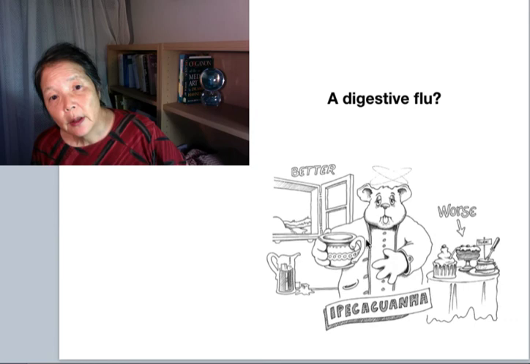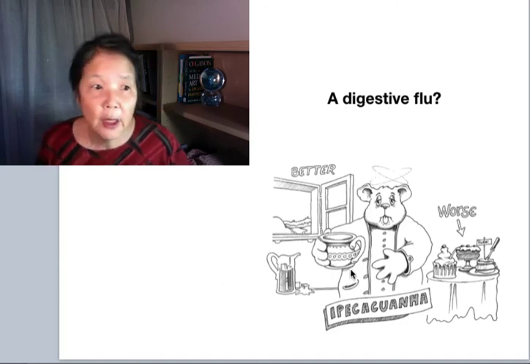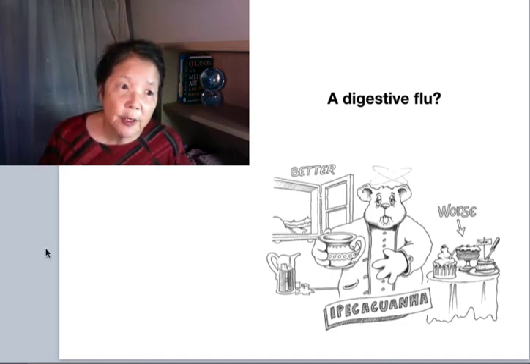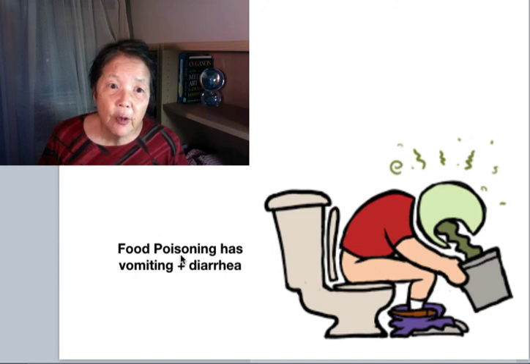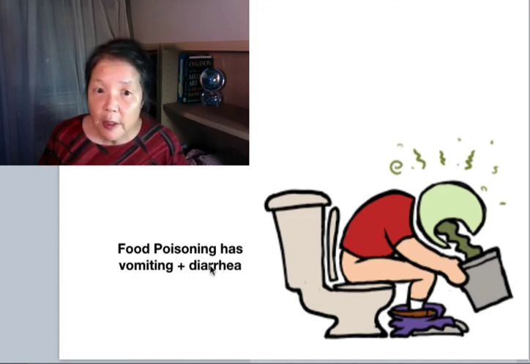But it's used in homeopathy as a remedy, where it's been diluted and succussed and all those things that we talked about before, and made into a homeopathic remedy. So these are its symptoms. Conceivably, if you have food poisoning and you have vomiting and diarrhea, one of the things you might think of is ipecacuanha.